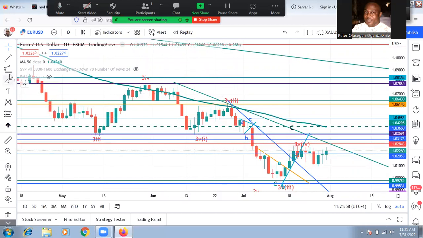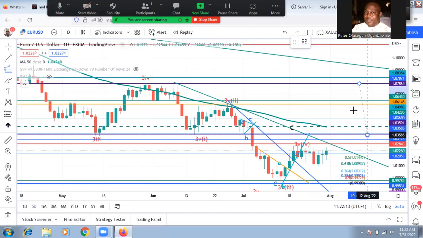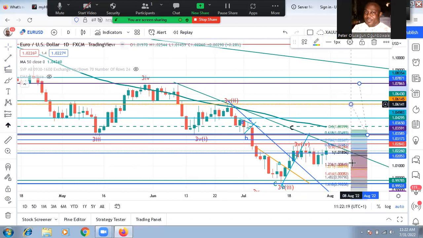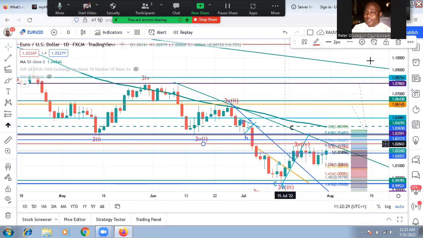So if we do our Fib retracement here from the beginning of 1 to the end of 1 to the end of 2, which is here, the price barely touched 1.6. So because 1.68 should be here, let me use something to demarcate to tell you where it will be.